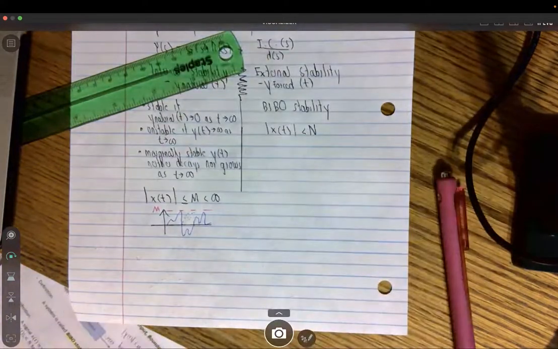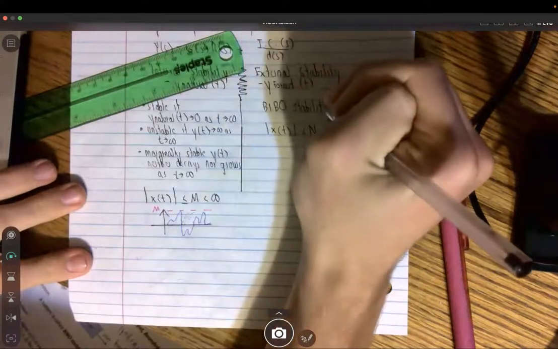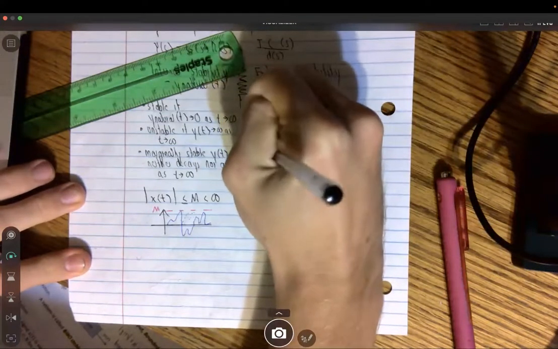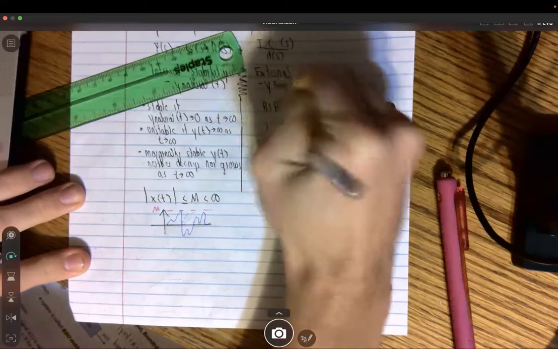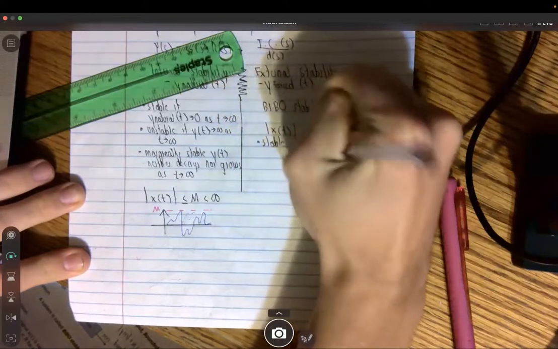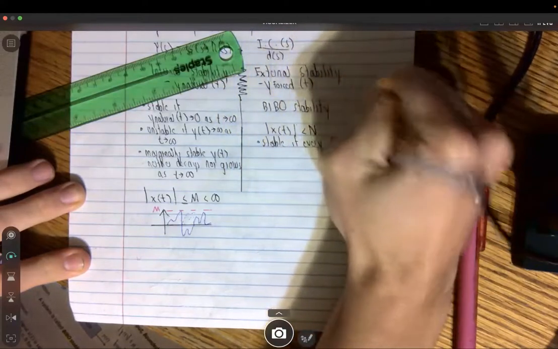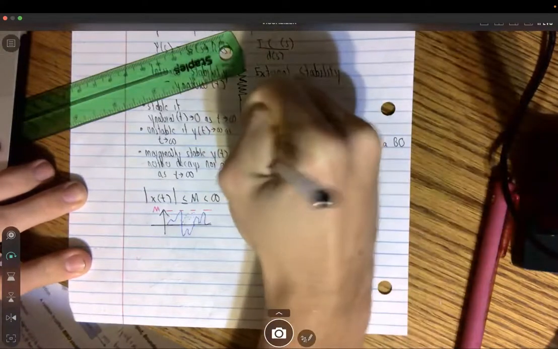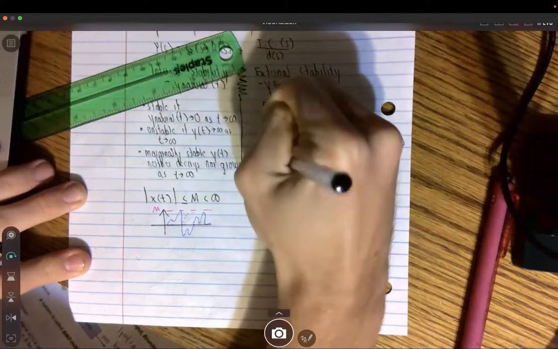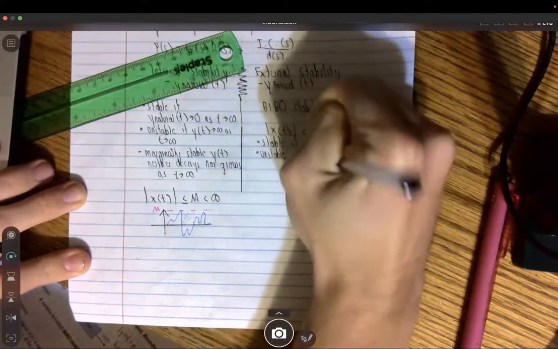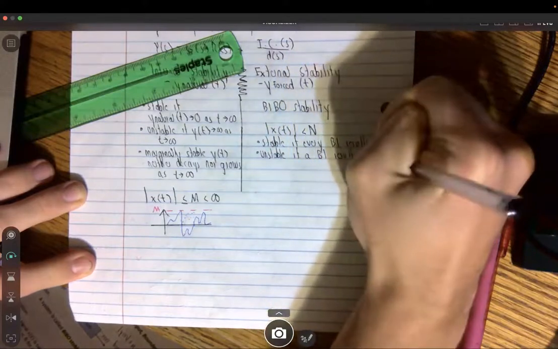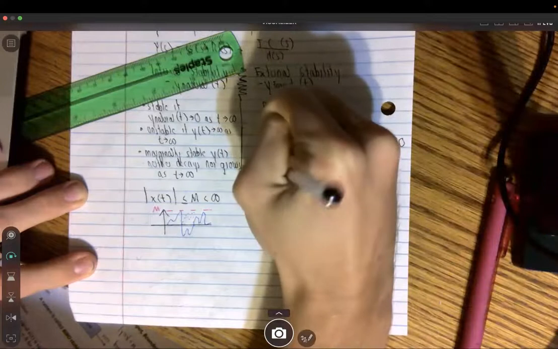And so it's unstable if a bounded input yields an unbounded output. So it is stable if every bounded input results in a bounded output, and unstable if a bounded input results in an unbounded output.